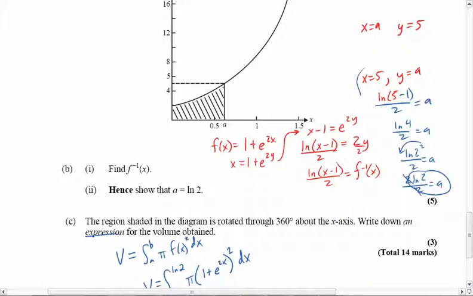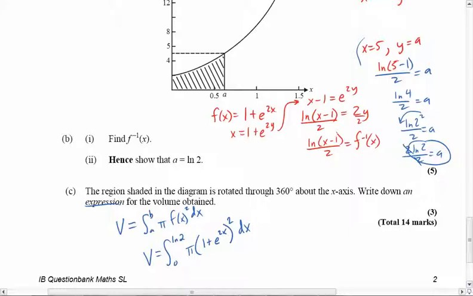So that is an expression. You got the expression, you're done. If it says to evaluate, then you have to work it out. But this just says write down an expression, so you are done.